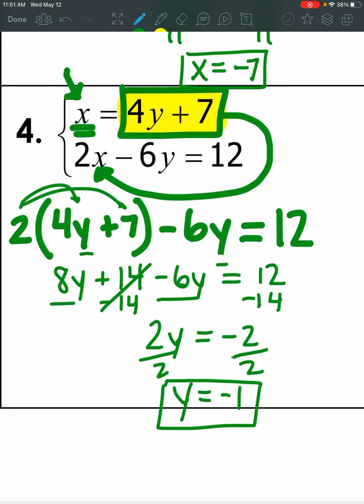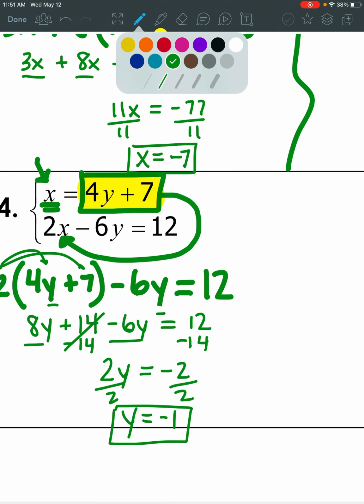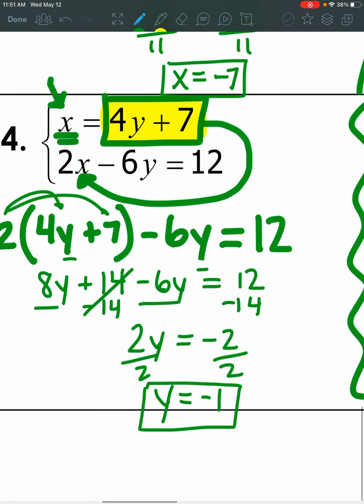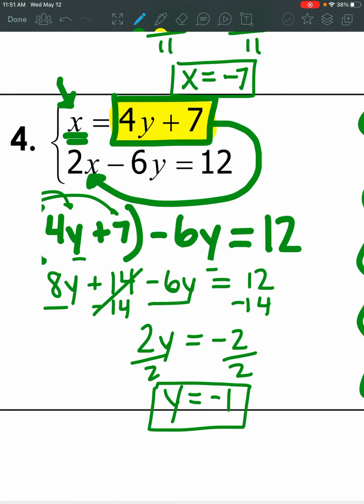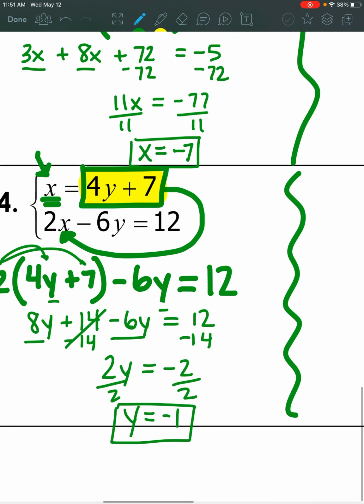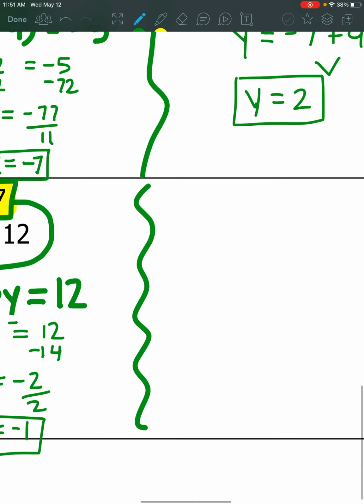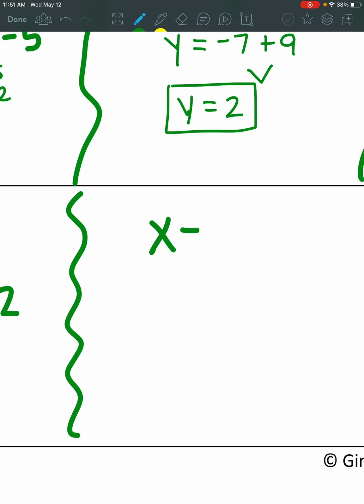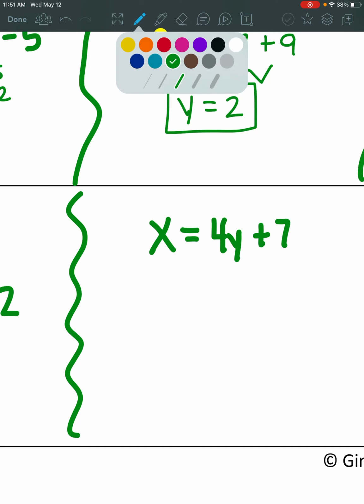So y equals -1. Now, the only difference is, in this next step, we need to make sure that we're plugging in y as -1, and that we don't forget and plug it in as x. So, again, either equation works. I'm going to stick with that first one and go with x equals 4y plus 7.